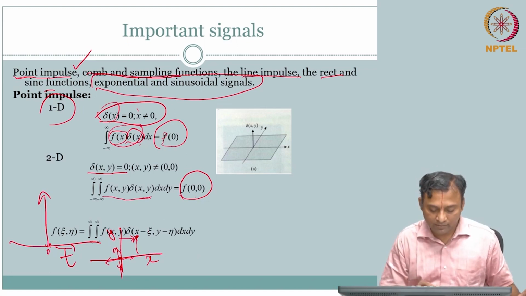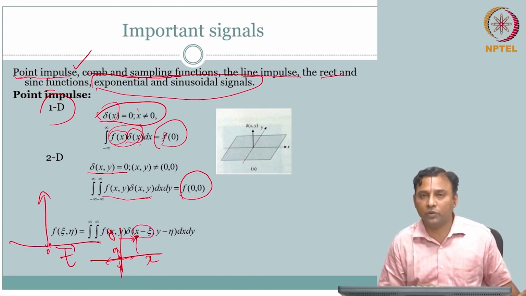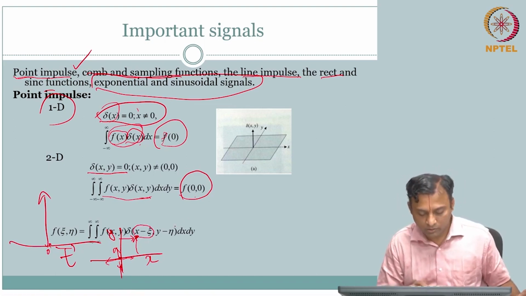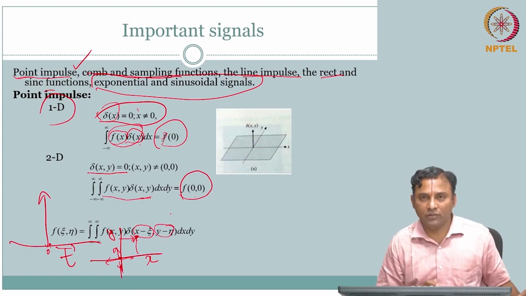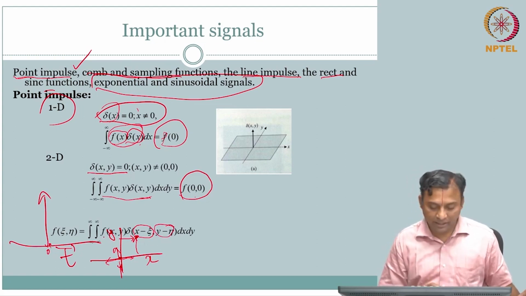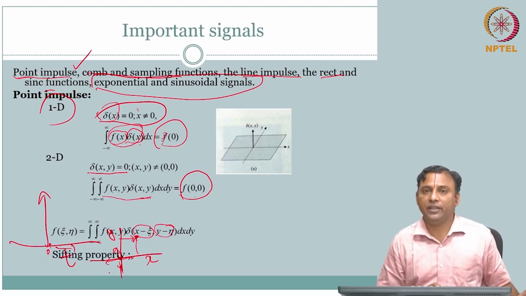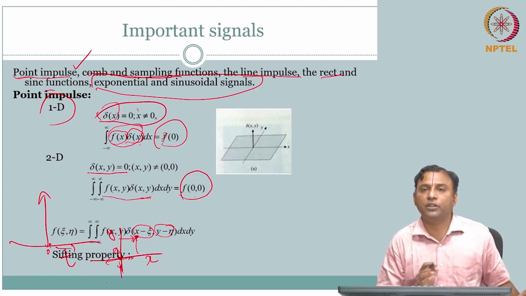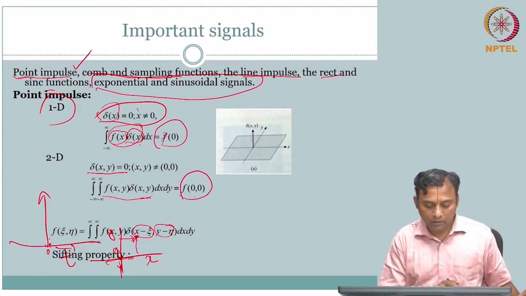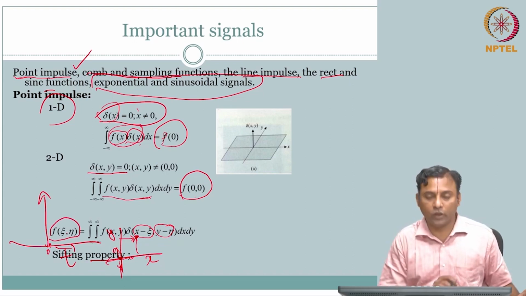That means when x minus epsilon is equal to 0, or x is equal to epsilon, and y is equal to eta. Only there is the delta non-zero, so only there can I get my function. So that is your shifting property. You can use shifted versions of your delta function to pull out values from f of x comma y at those locations.